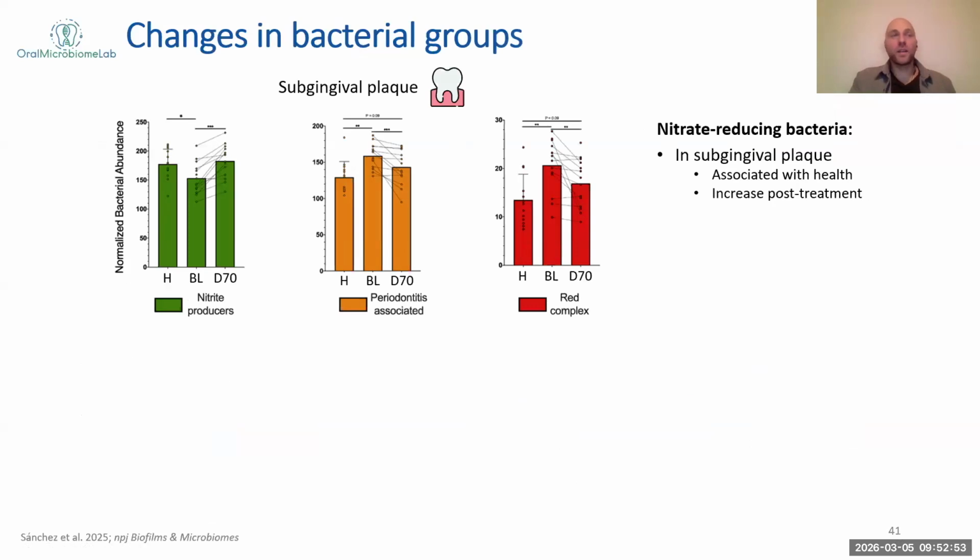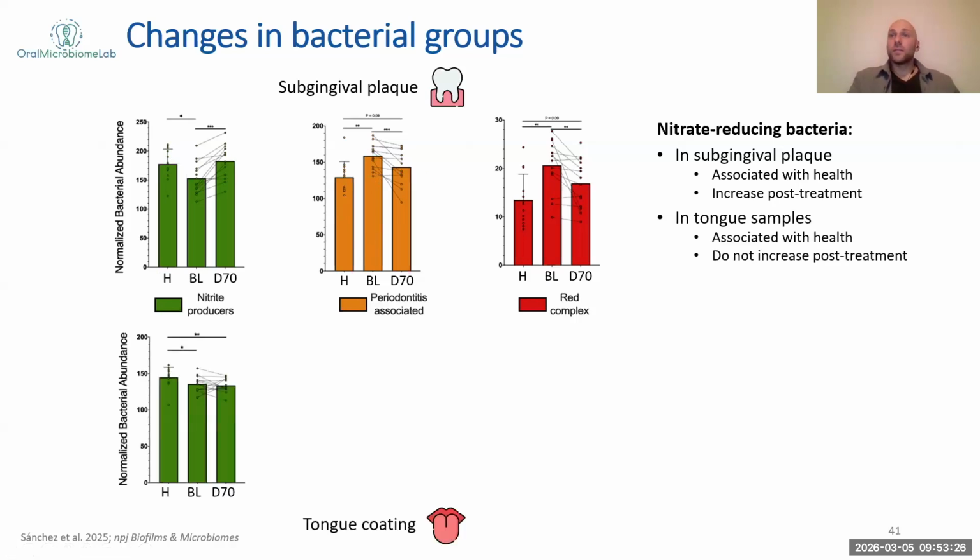And to make it easier for everyone, we grouped the bacteria in nitrate reducers, disease-associated bacteria, and a subgroup of disease-associated bacteria, the red complex. And we saw that nitrate-reducing bacteria in subgingival plaque were health-associated and increased in number after periodontal treatment. In the case of disease-associated species, they were periodontitis-associated and decreased after treatment as expected.